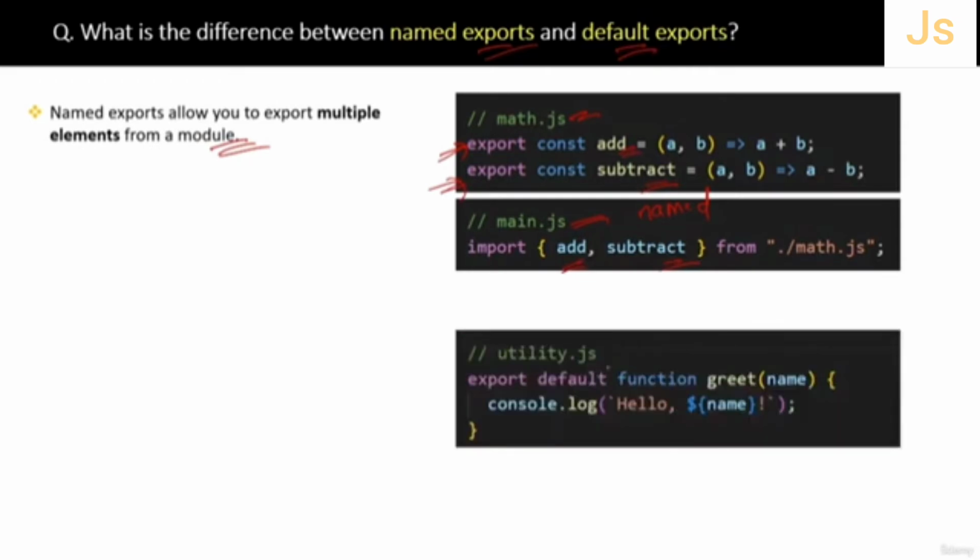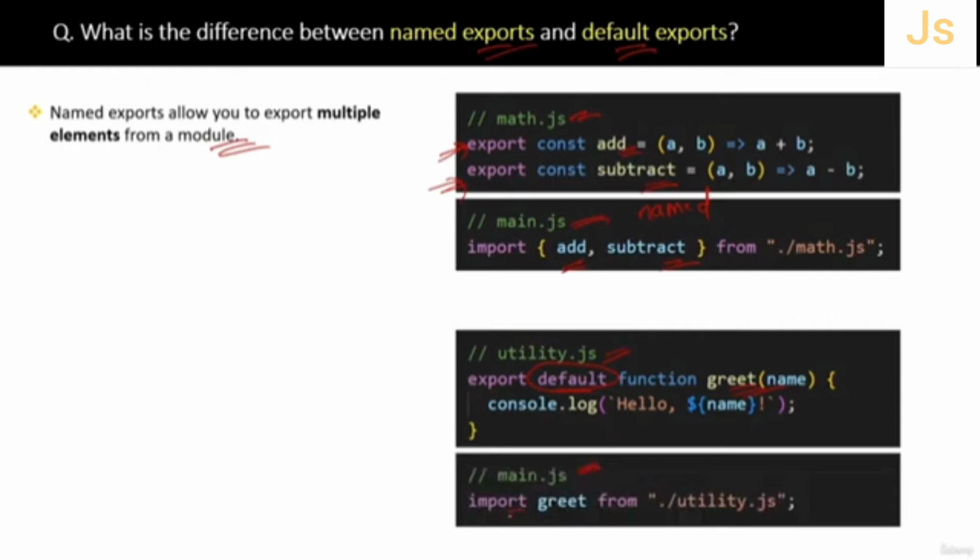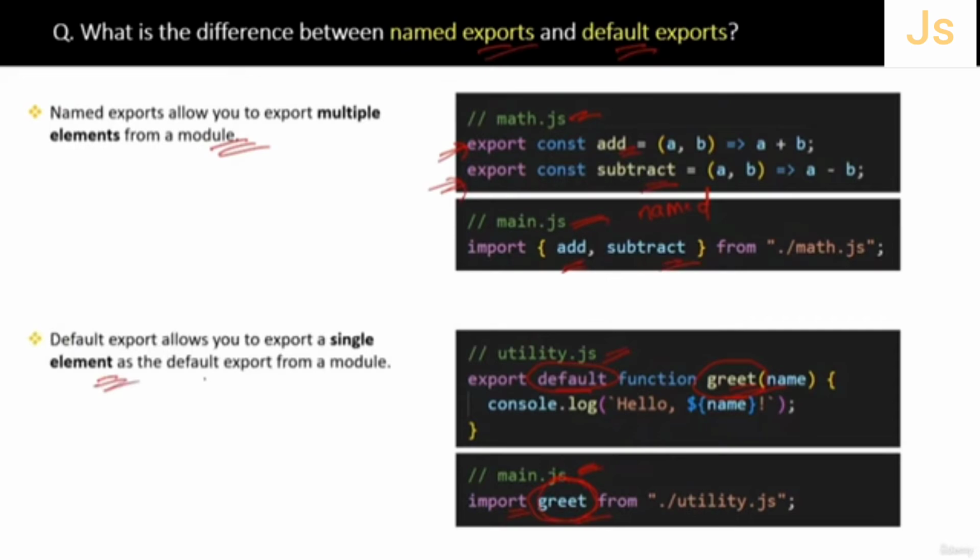If you have this utility.js file with this function greet, here you can see this default keyword. Now when you import the greet function in another module like this, it will only be able to import a single function, not multiple, right? So that means default export allows you to export a single element as the default export from a module, not multiples. And that is the answer.